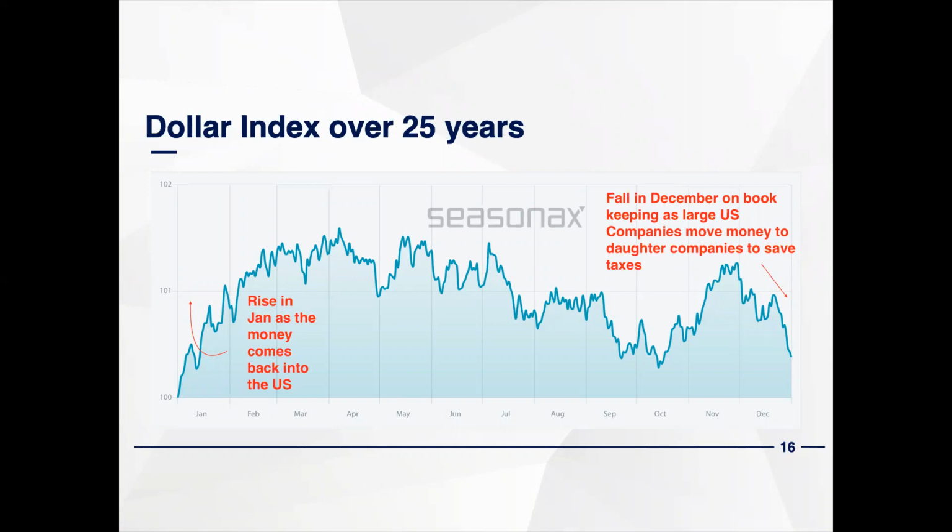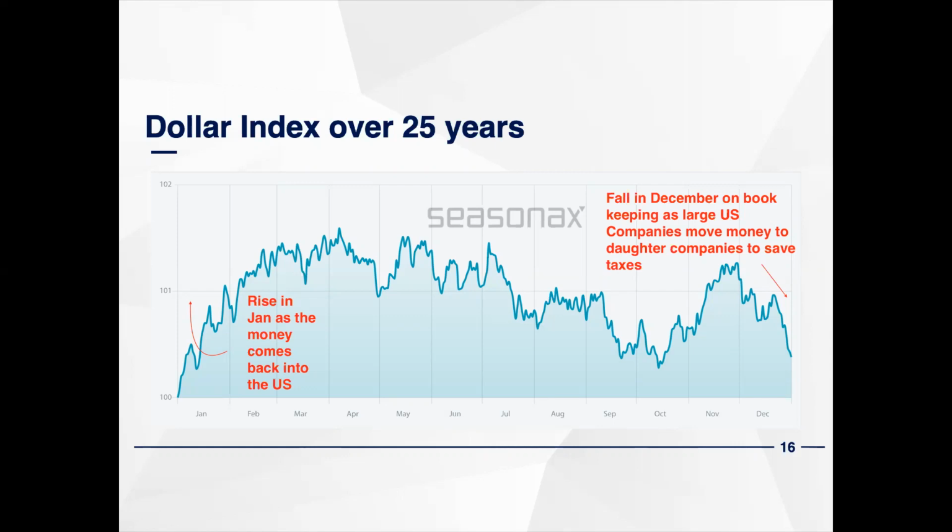And what you can see over the last 25 years is that the dollar index tends to fall sharply into the end of the year. Can you notice that? You can see as large US companies move money to daughter companies to save taxes. See that short drop in the dollar index.